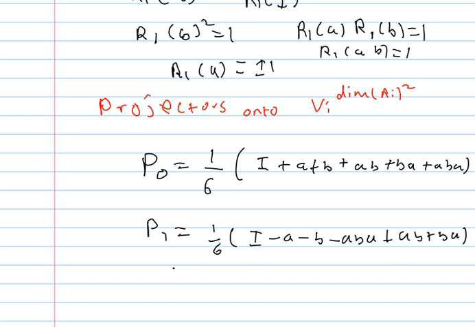And then for P2 we get 1 over 3, that's because 1 over 3 is 2 over 6, I minus 0 minus 0 minus 0, plus 0 plus 0 plus 0, minus AB minus BA, and just for laughs I'm going to put 0 there. Okay, so they have the projections of that.